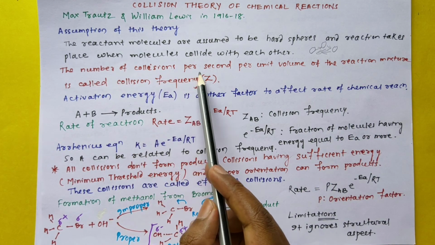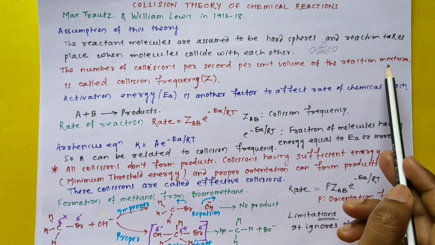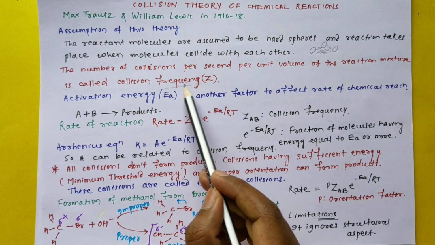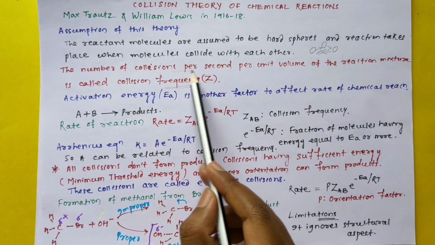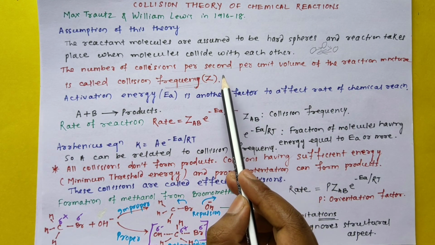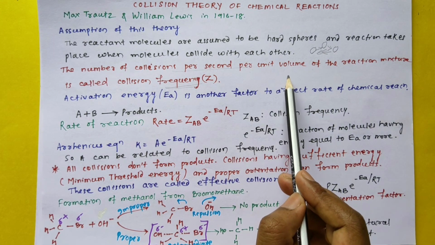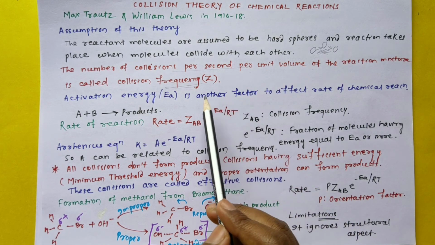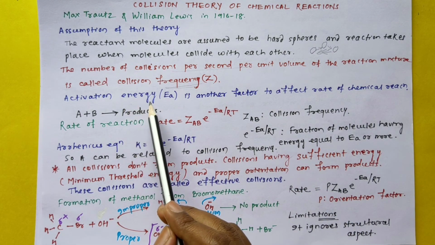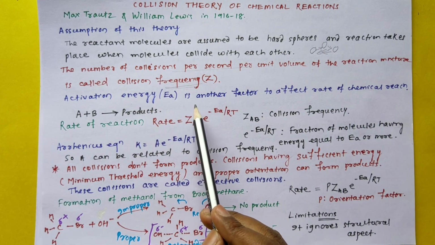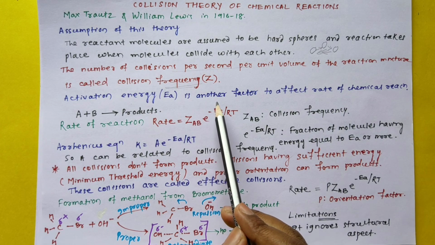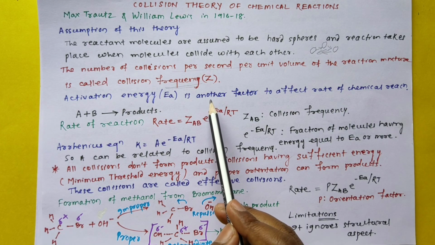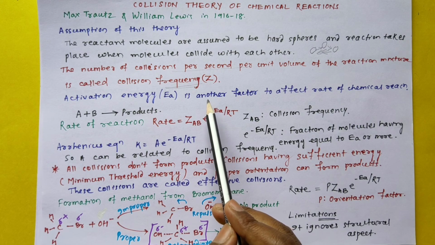The number of collisions per second per unit volume of the reaction mixture is called collision frequency. That means the number of collisions made per second per unit volume is known as collision frequency. And we have already discussed that activation energy plays an important role in the formation of a product. If the energy is less than the activation energy, then no product will be formed.